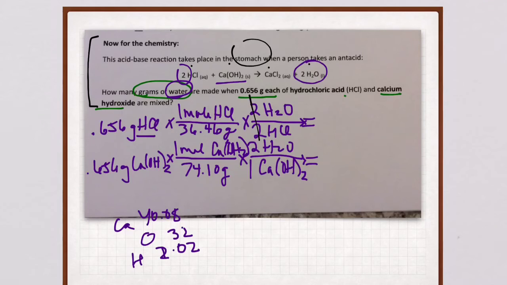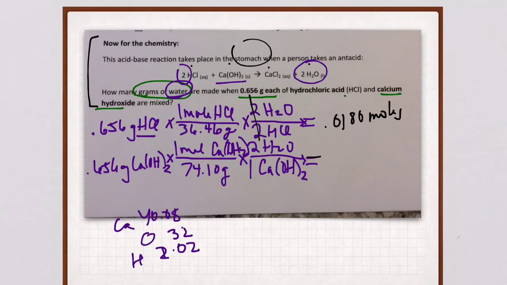We can cancel that out, 2 over 2. And that makes it pretty easy. It's 0.656 divided by 36.46, and we get 0.0180 moles of water.